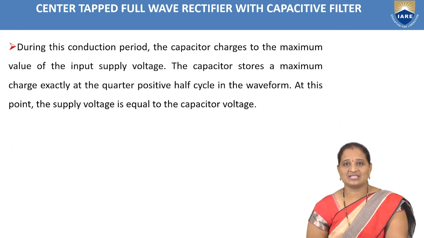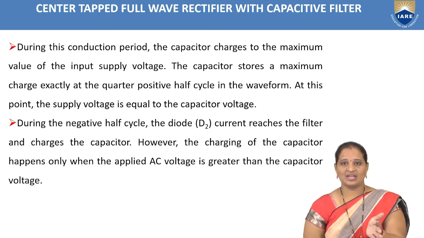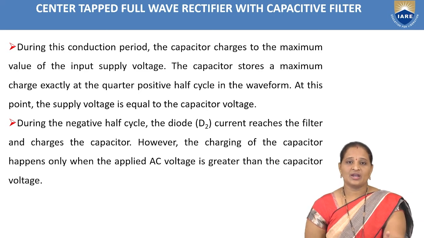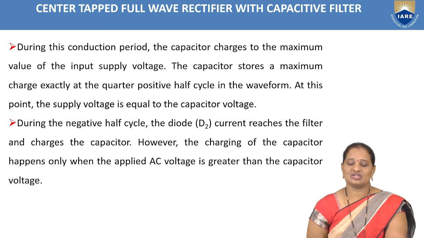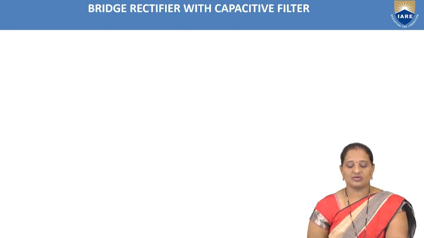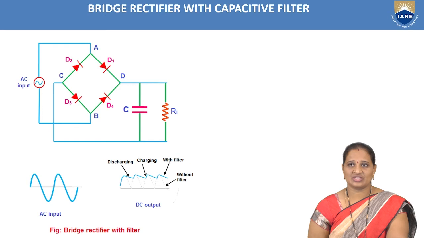That means, during the conduction period of diode D1, the capacitor charges, and even during the negative half cycle, diode D2 conducts, and due to that, the capacitor again charges. Again here also we have to consider that the charging period of the capacitor is very less when compared to the discharging period, because the charging is happening due to the on diode, that is the forward biased diode, which offers very less resistance.